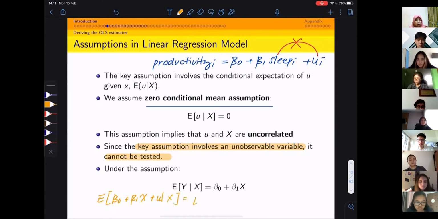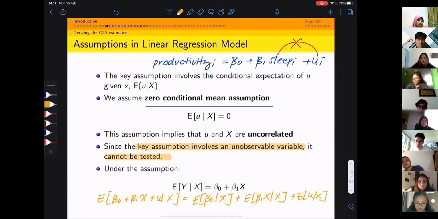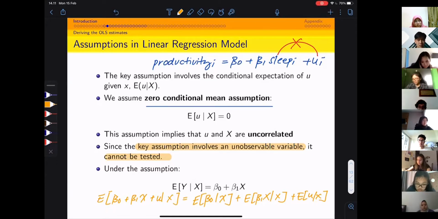Since expectation is a linear operator, we're going to have it as beta 0 conditional on x, and then expectation of beta 1 x conditional on x, and then expectation of u conditional on x. Okay, so remember beta 0 is a parameter, so it's a constant. It doesn't vary with the value of x, and so basically this is just beta 0.